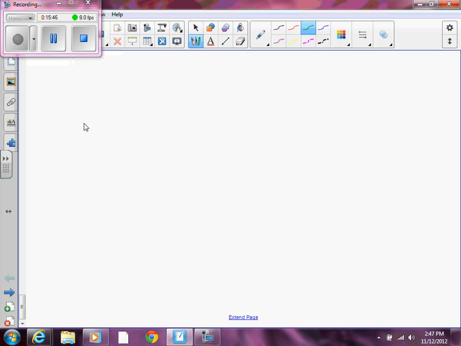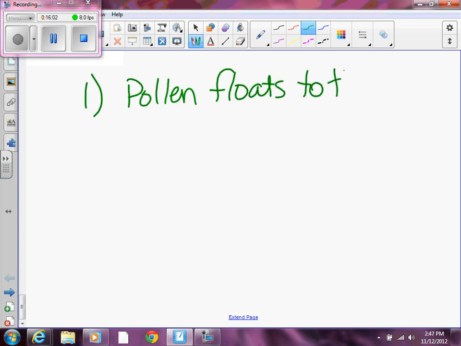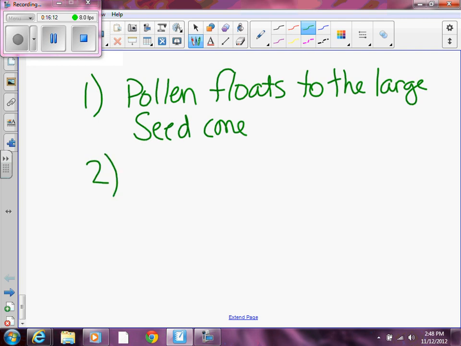Okay, first what happens? First the pollen floats to the large seed cone, right? So pollen floats to the large seed cone. What happens next? What does it say in there?